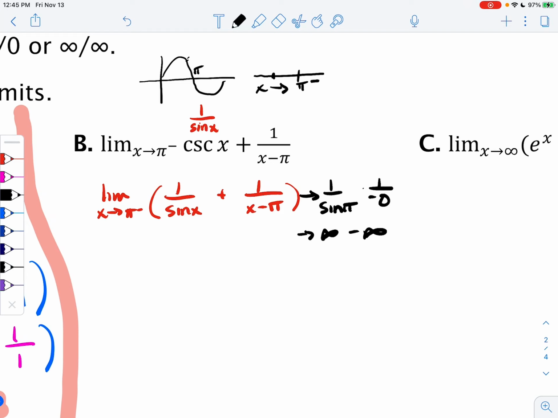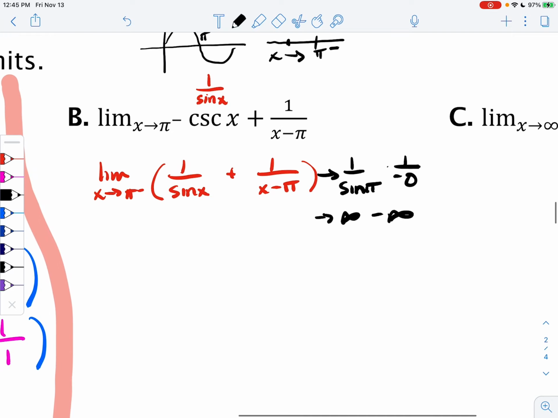So we want to take a look at this expression, 1 over sine x plus 1 over x minus pi, and make a common denominator, turning it into one fraction. I'm going to multiply on top and bottom by x minus pi in the first fraction, so I would get x minus pi.